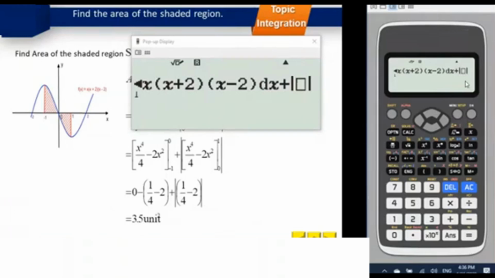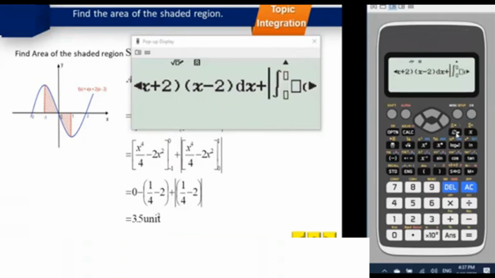Always remember, area can never be negative. So if you are finding the area in a single question, in a single frame, then please remember everything below the x-axis will be a negative answer, but area cannot be negative. So we introduce the absolute valued functions, that is shift and bracket open will give you the absolute valued function.